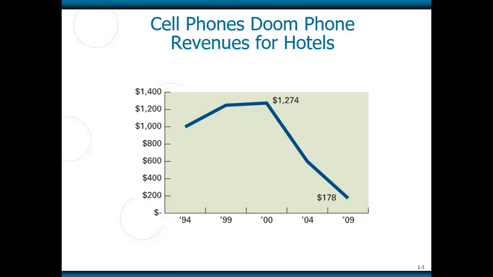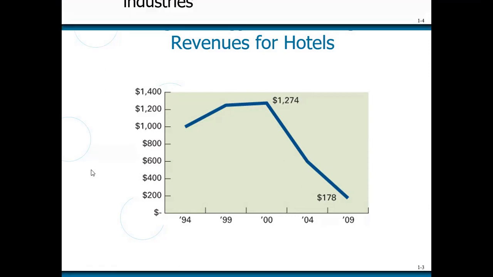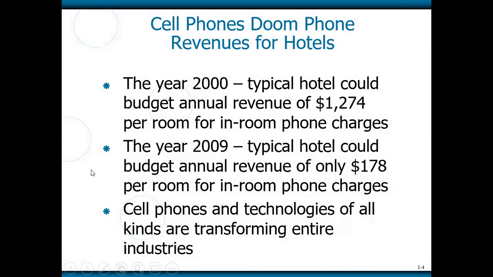Some of you will probably have a hard time, or the next generation will, using even the keyboard, because they will be expecting a touch keyboard, not a regular keyboard. So things are changing so much, and this is an example of how things are changing. Now, cell phone versus phone revenues for hotels.